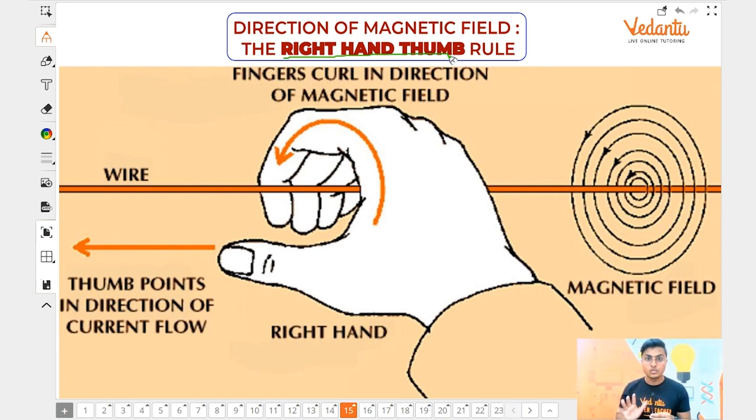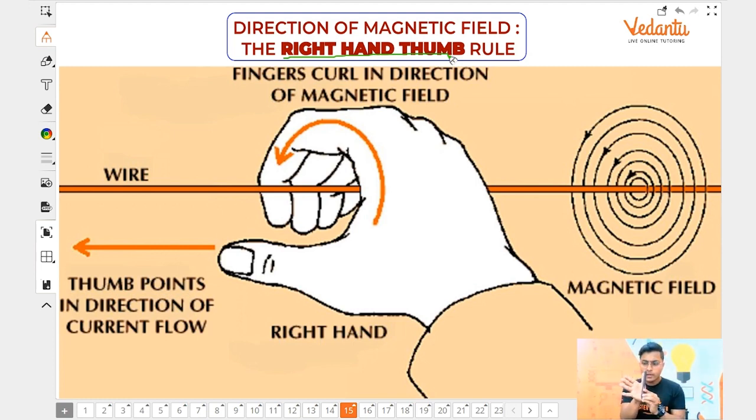I've seen many of the students making a mistake, taking their left hand. It's a right hand thumb rule. Take your right hand, keeping the current's direction as my thumb. So current is moving upward, my thumb will also point upward. As you can see, current is moving upward, my thumb is also in the upward direction, correct?